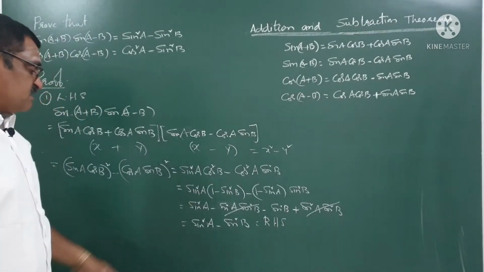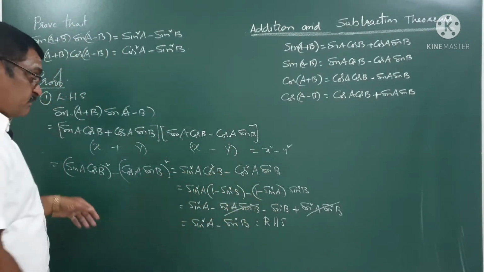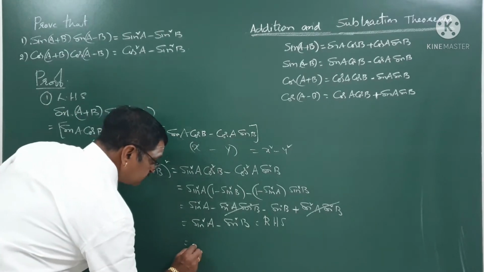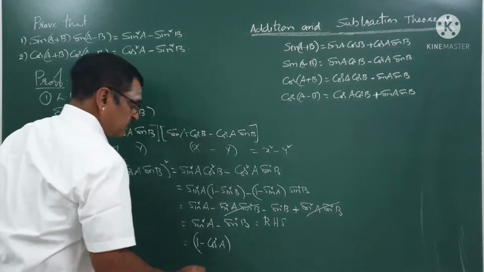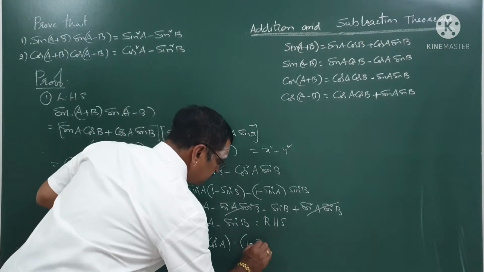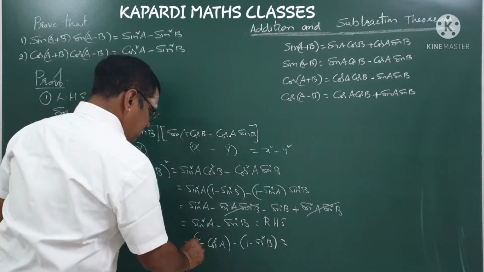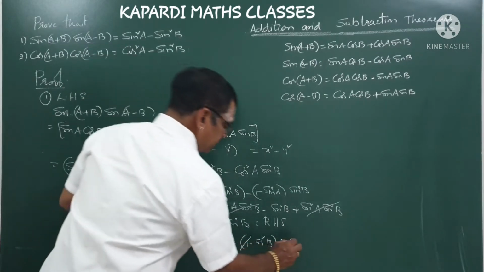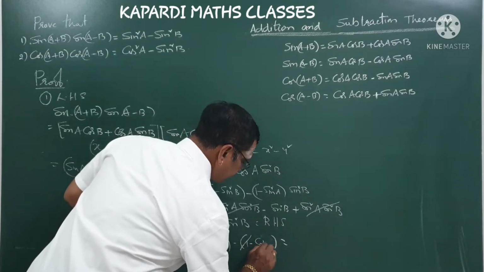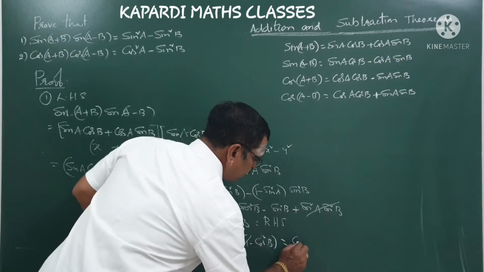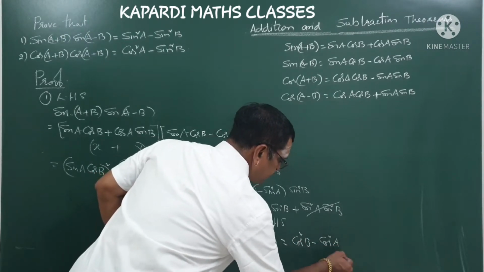Now you can express the sin square a sin square b in terms of cos also, by using, or I can write, 1 minus cos square a minus 1 minus sin square b, so that this 1 will get cancelled, so it will become cos square b minus cos square a.